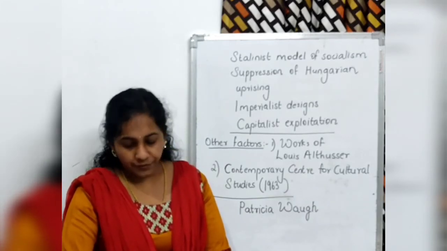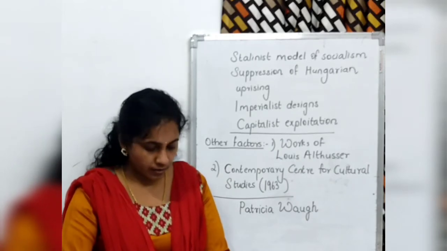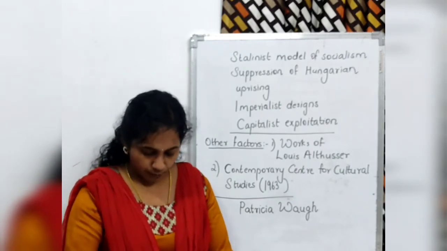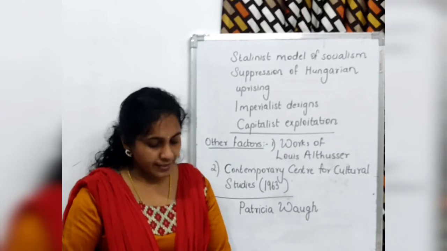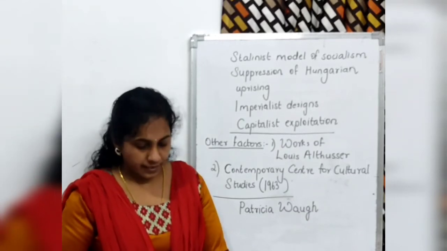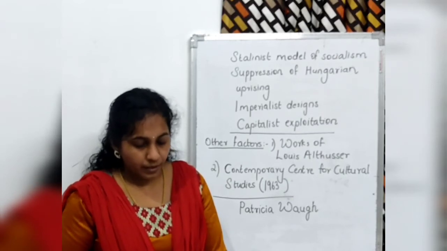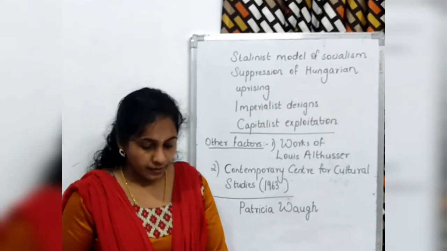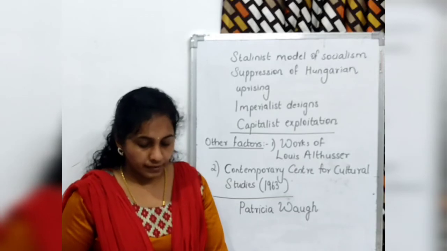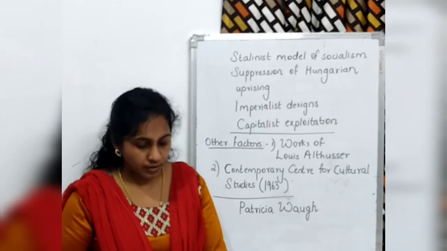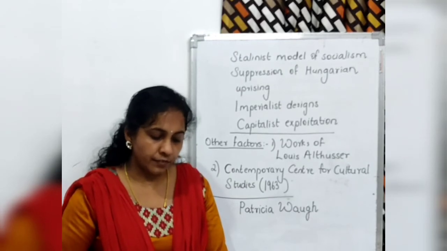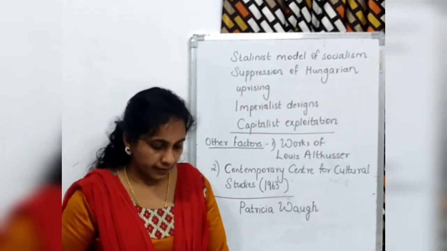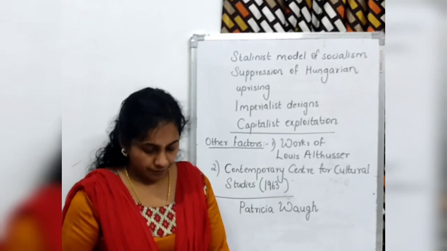One was the influential works of the French Marxist philosopher Louis Althusser, and the second one was the establishment of the Contemporary Center for Cultural Studies in the year 1963 at Birmingham University in the United Kingdom, England. Fine.